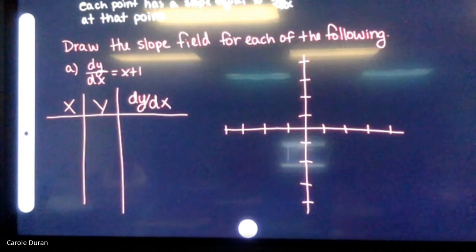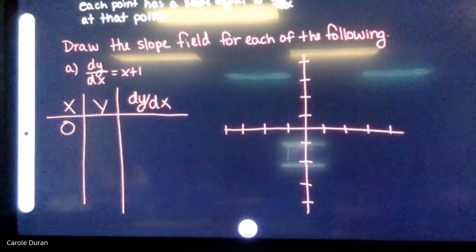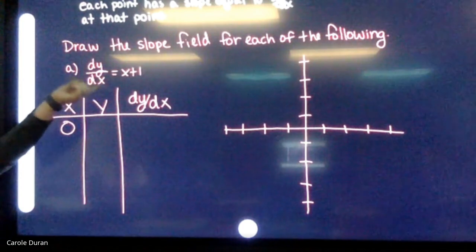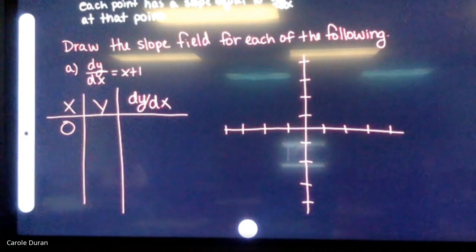I make a table just to start with, but you're more than welcome to just do the computations for each point on your own. I always like to start at x or y equals 0, depending on what variable I've been given. If I have both, I like to start at the point 0, 0. So all we do here is take 0 and plug it into the derivative function, and the number I get is the slope of the line I'm going to draw at that point.